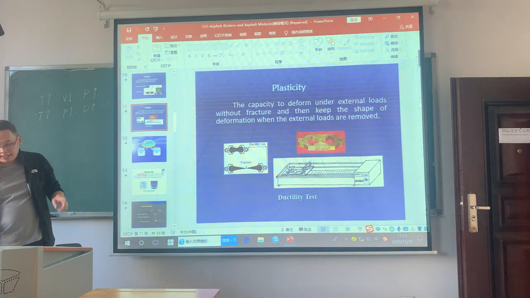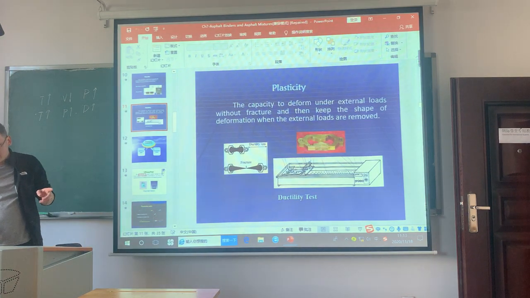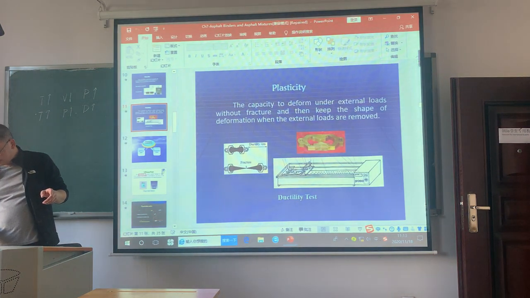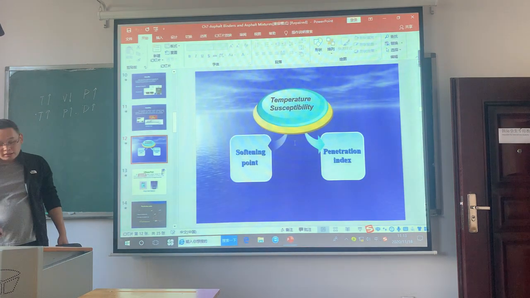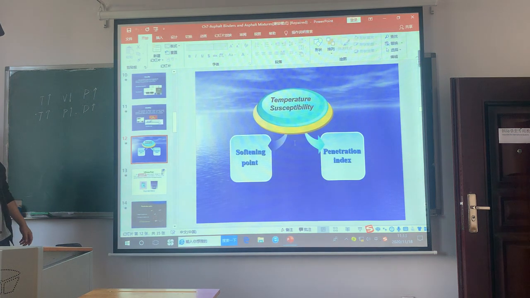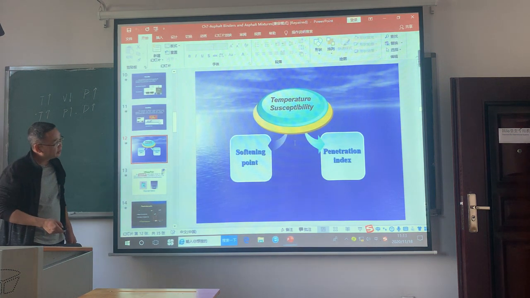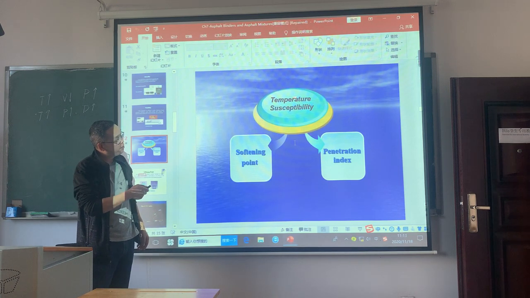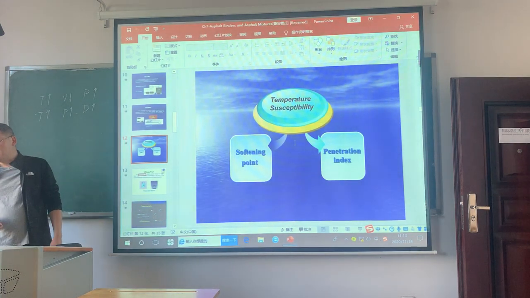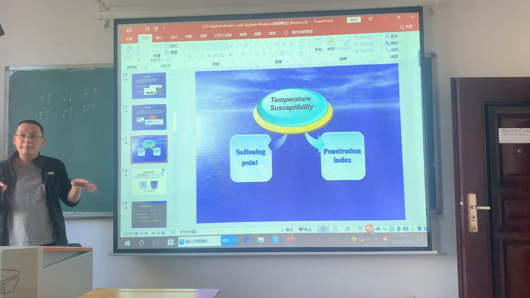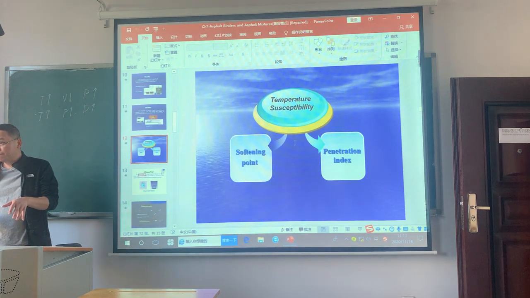So this is the second property of the asphalt, the plasticity. The third property is the temperature susceptibility. So what is the temperature susceptibility?